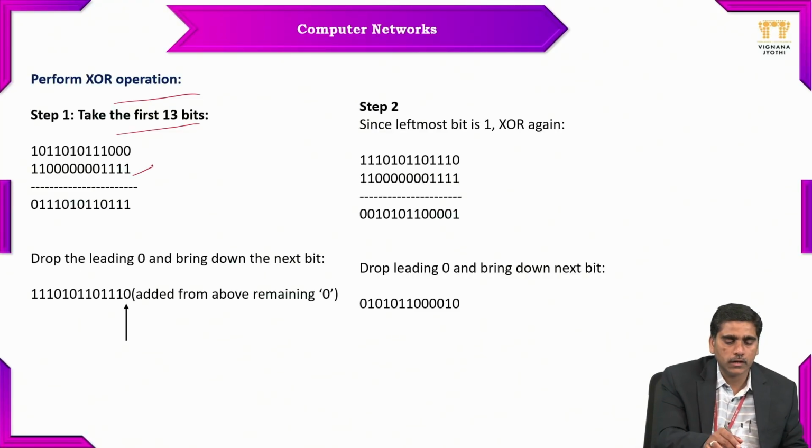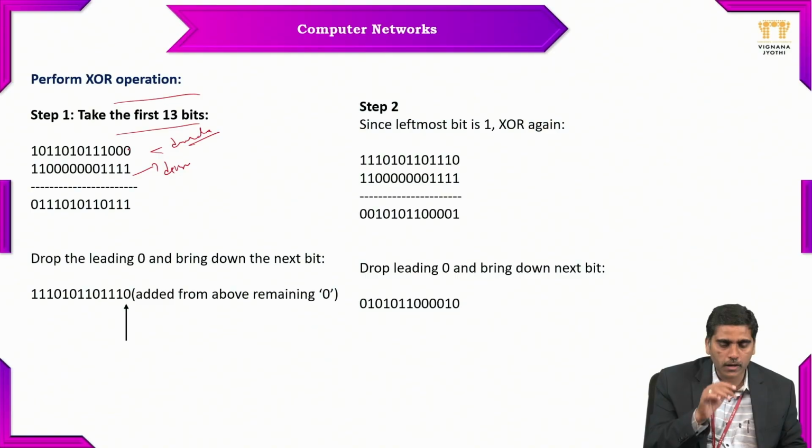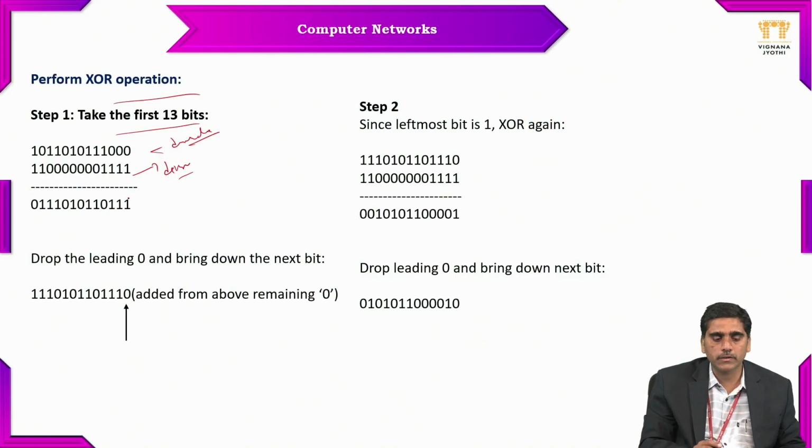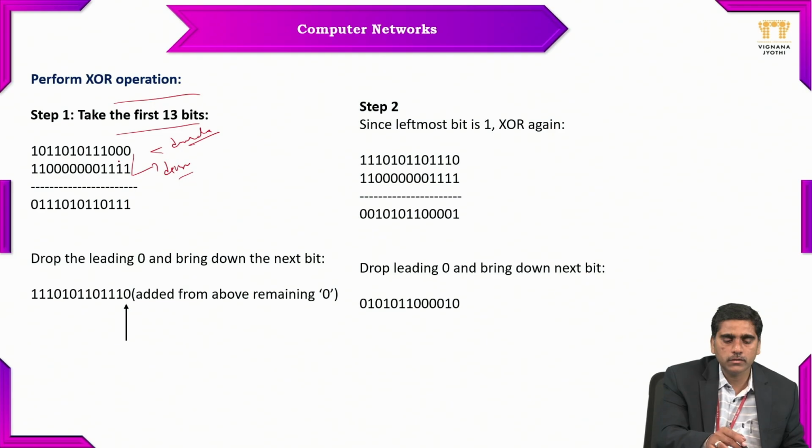This is the dividend and this is the divisor. The dividend contains 13 bits and the divisor is likewise 13 bits. When you perform the XOR operation, 0 and 1 gives 1, and so on, giving 1 1 0, 1 0 1, 1 0 1, 0 0 0, 1 0 1, 0 0 0, 1 0 1, 1 0 1 and 1 1 0.